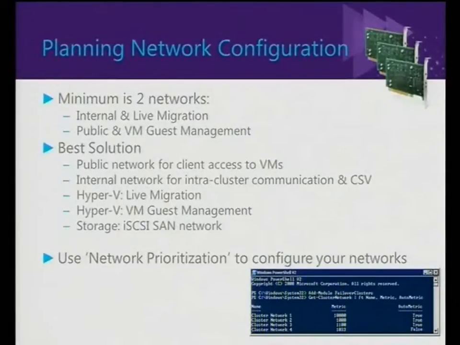Obviously, what you can see in that configuration is we're doubling up in terms of the usage of the networks. So the best solution, the one that would deliver the best performance, is one where you actually break out those network roles and they each have their own network. So it can be anywhere from 2 to 4. If you take that best solution, you have 1 for public network, 1 for internal, 1 for live migration, and 1 for management.